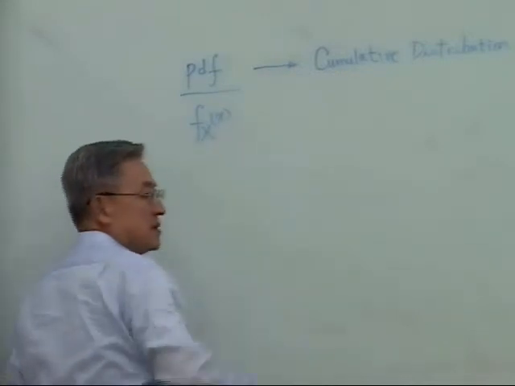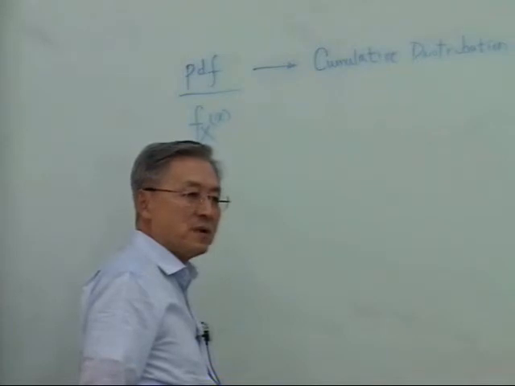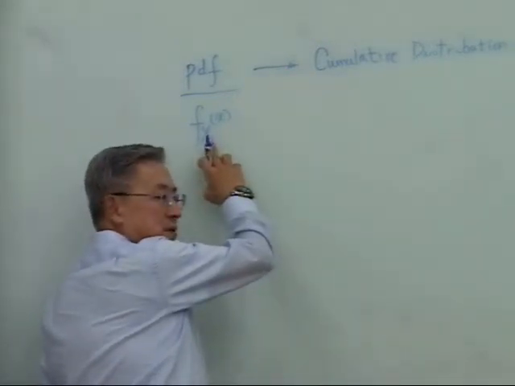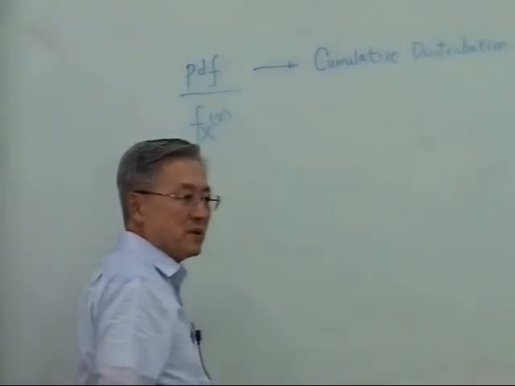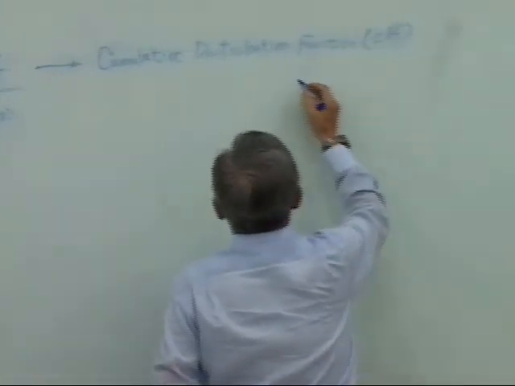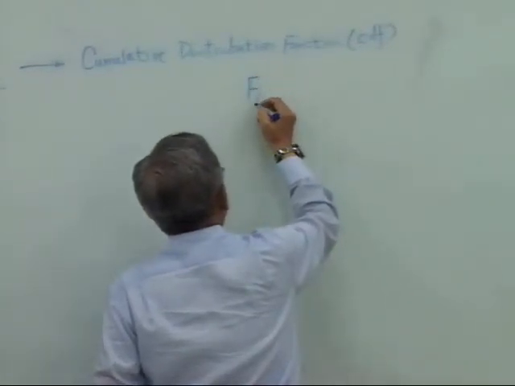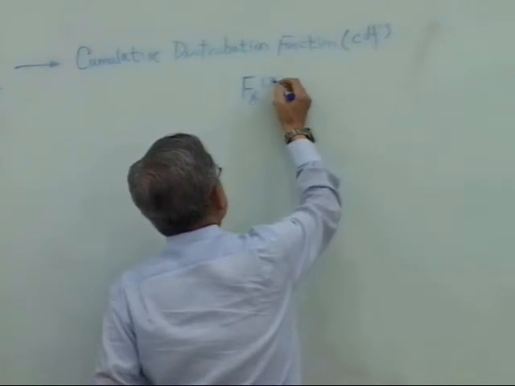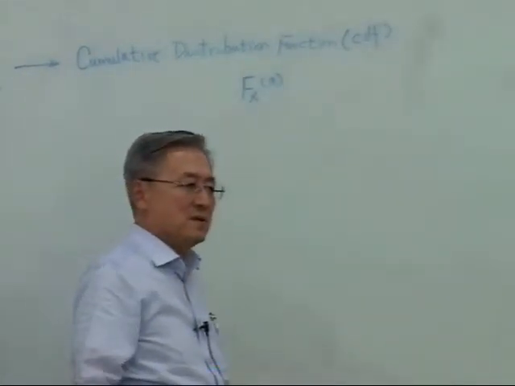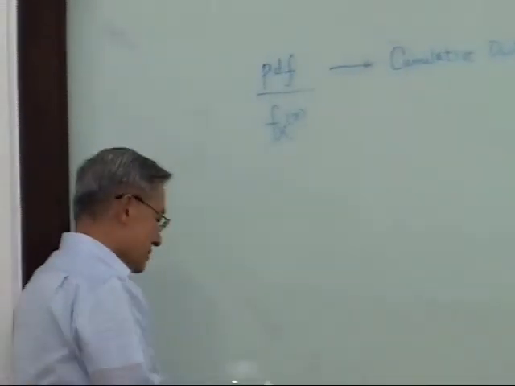This is a particular outcome out of the random variable X. The capital letter is the random variable, and this CDF is capital F of X. Sometimes I'm using different notation, but who cares? We all know what I intend to do.